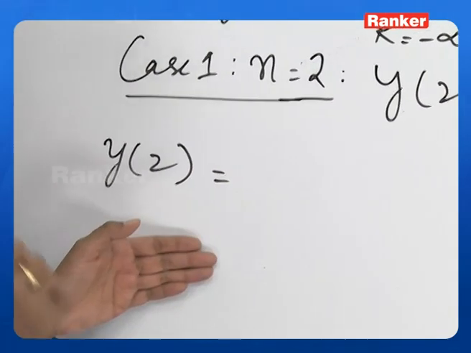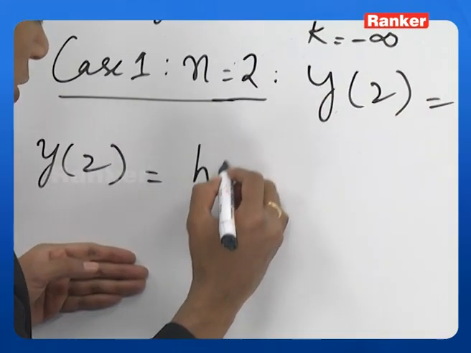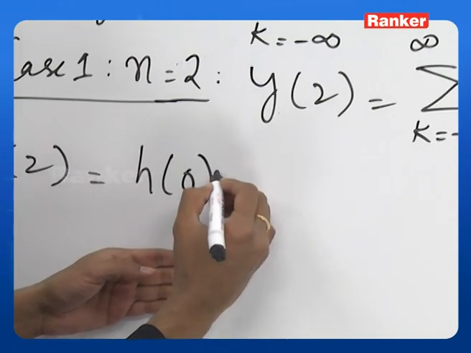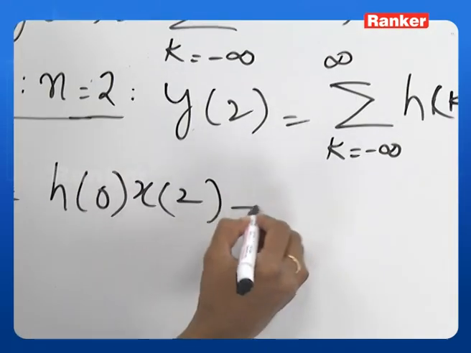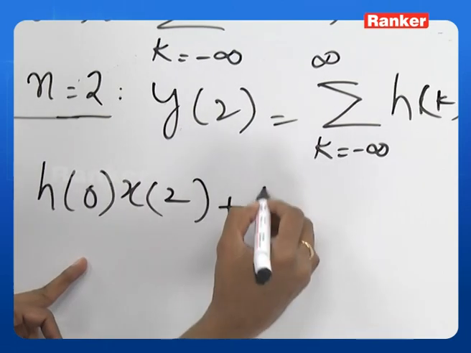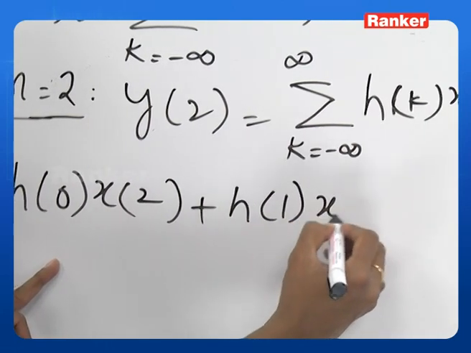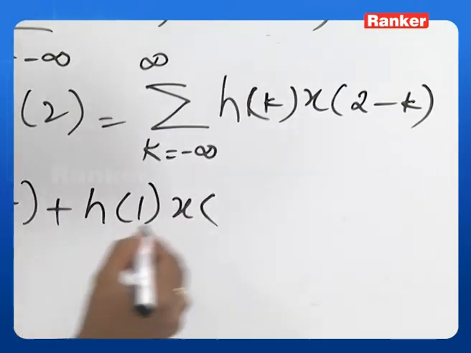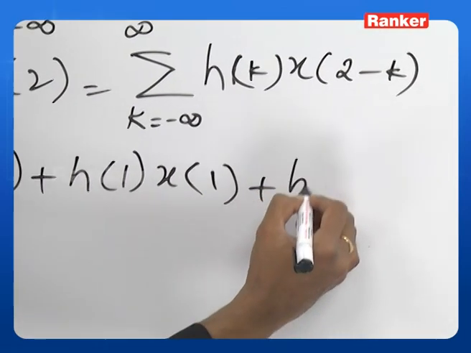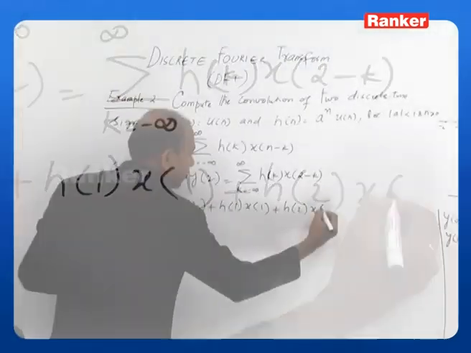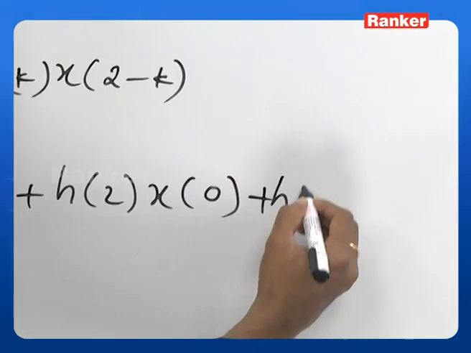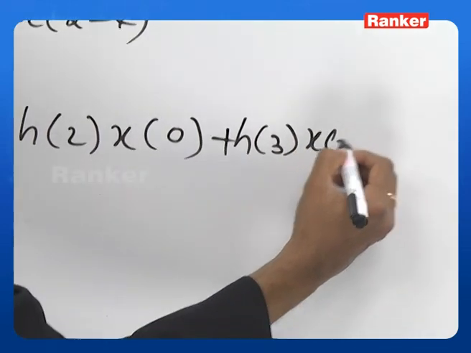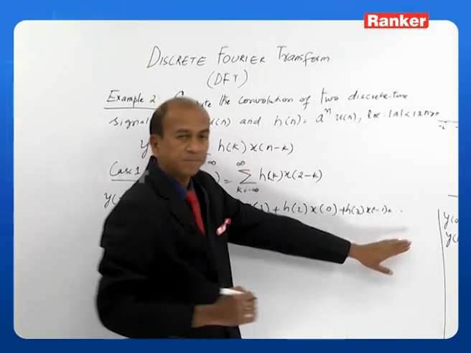So, y of 2 is equal to, first of all, let us put k is equal to 0. So, h of 0, x of 2 minus 0, that will be 2, plus h of 1, x of 2 minus 1, that is 1, plus h of 2, x of 2 minus 2, 0, plus h of 3, x of minus 1 and so on.